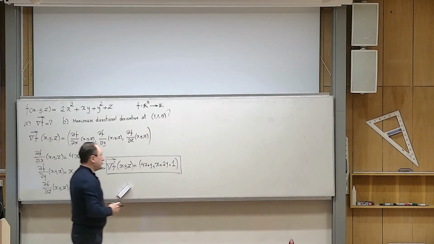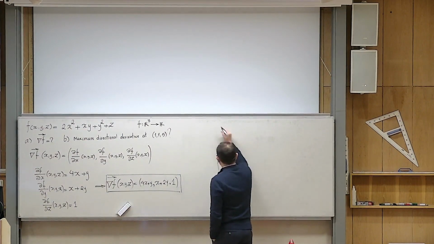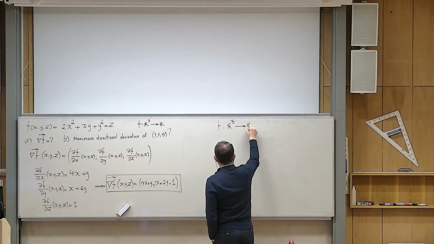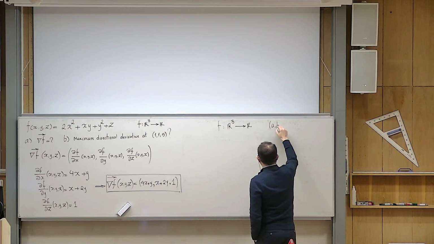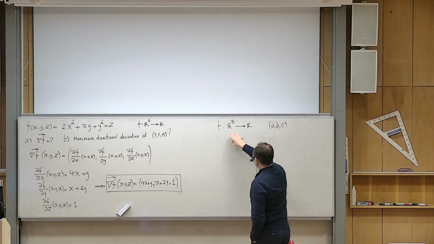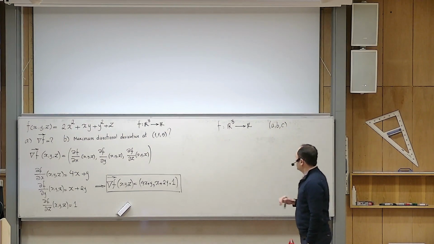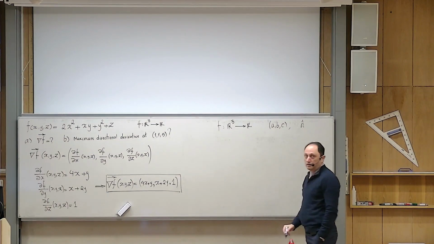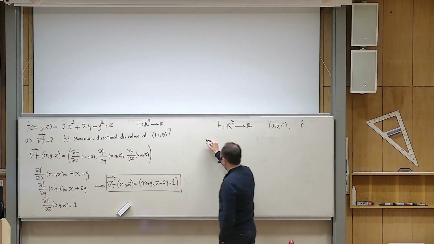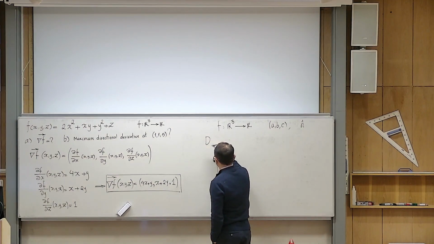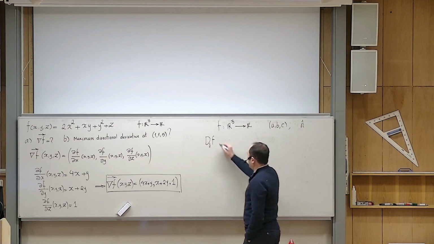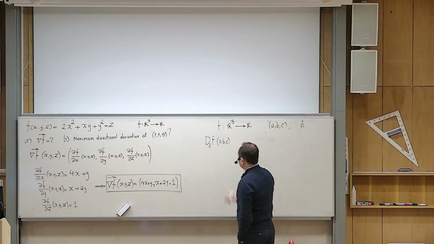So if I want to calculate the directional derivative, assume that you have a function f from R^3 to R. Then I pick a point a, b, c in the domain of the definition of the function f, and then I also pick, for example, a unit vector n in the space, and then I can ask what is the directional derivative of my function in the direction of the unit vector calculated at the point a, b, and c.